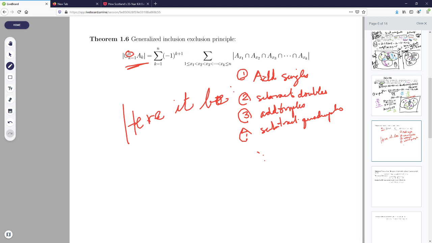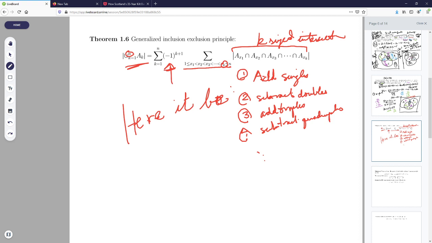So that's kind of the answer to this. That's what this actually means. This is saying alternate adding and subtracting. And if you notice here, this is saying take k out of the n sets, and then here is a k-sized intersection. Whether you add or subtract k-sized intersections is equivalent to this minus 1 to the k plus 1 feature.